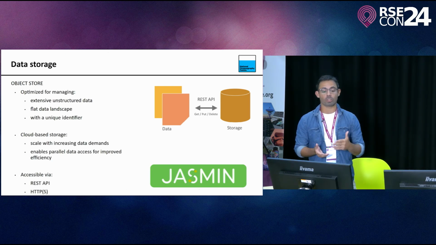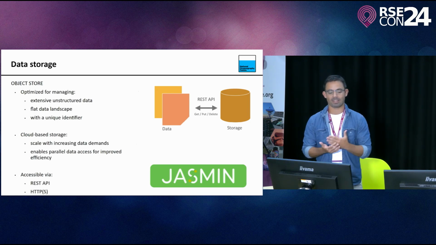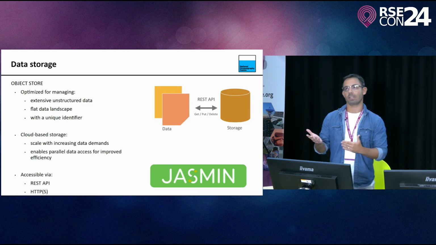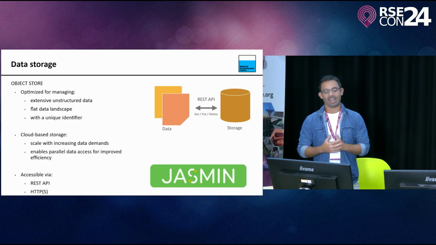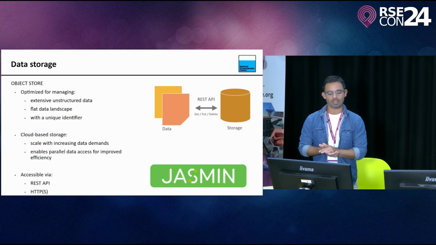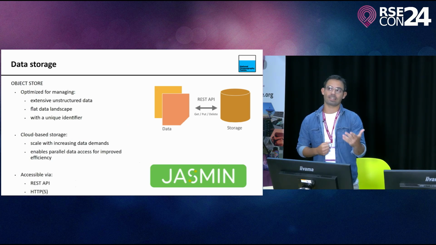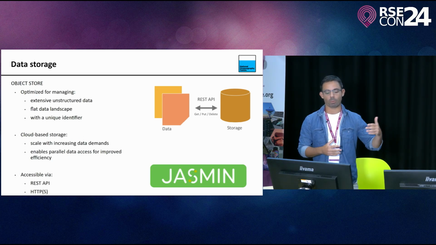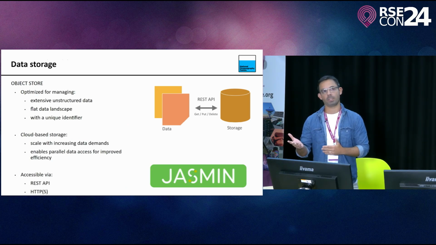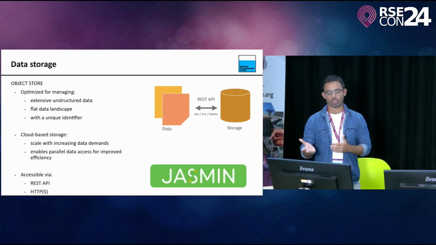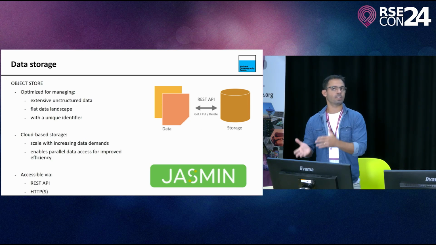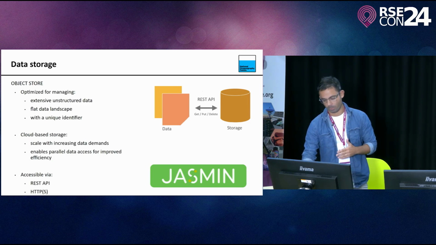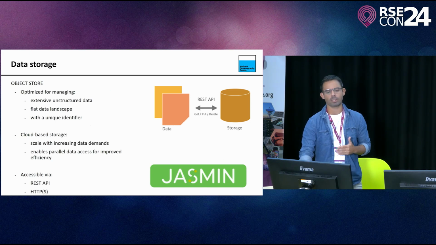An object store is cloud-based, so it's scalable with increasing data demands, and it also enables parallel access. So those are two really good things: parallelization and scalability. And it's really easy to access the data in an object store using the REST API and issuing HTTP GET requests. In this project, we're using the JASMIN object store, which is based on AWS S3 and uses the same API as AWS S3.